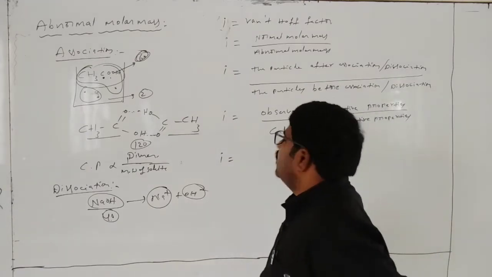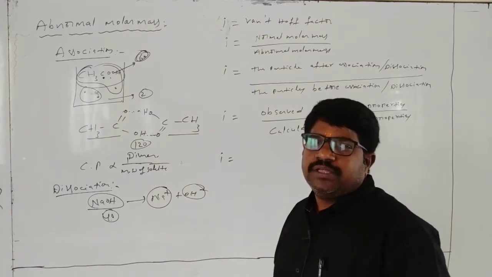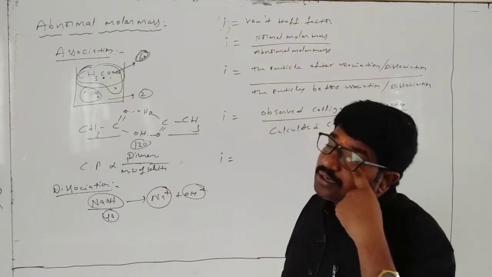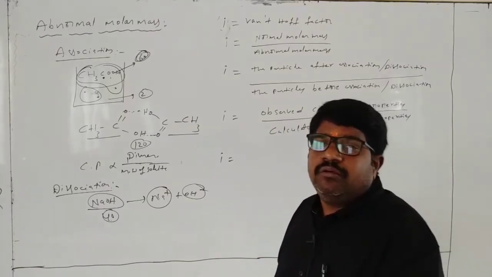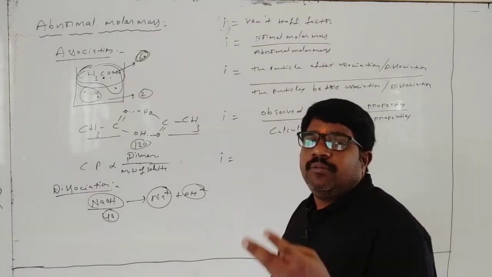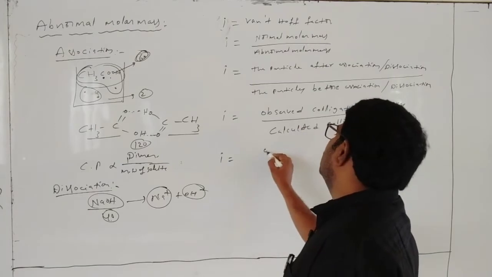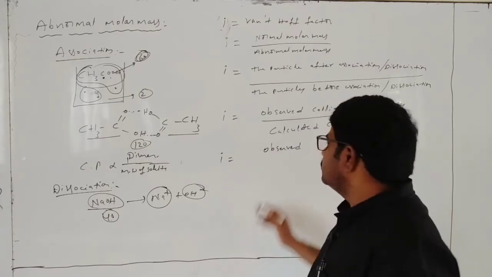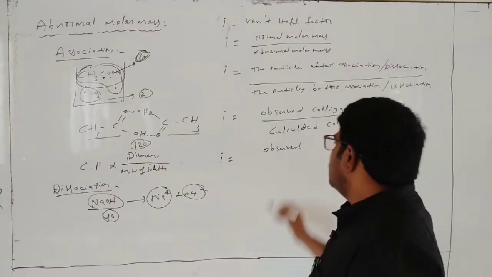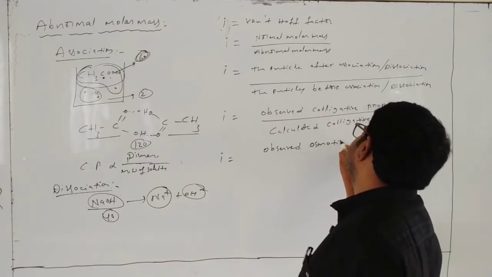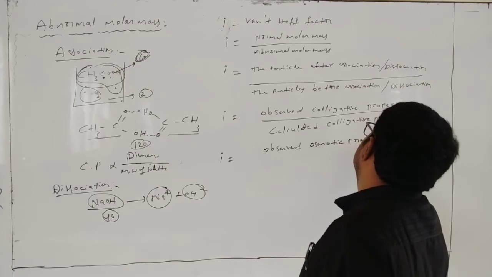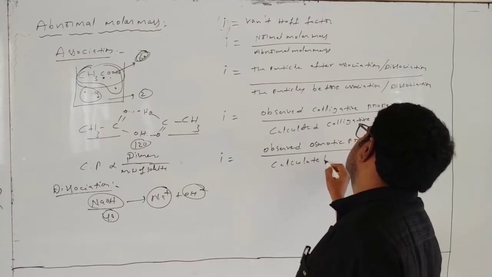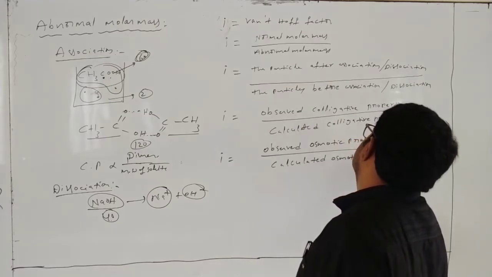It is the ratio of observed osmotic pressure to calculated osmotic pressure.